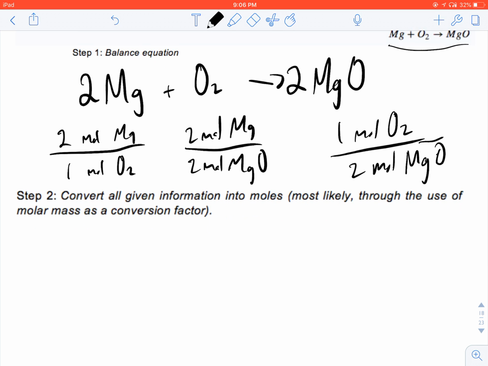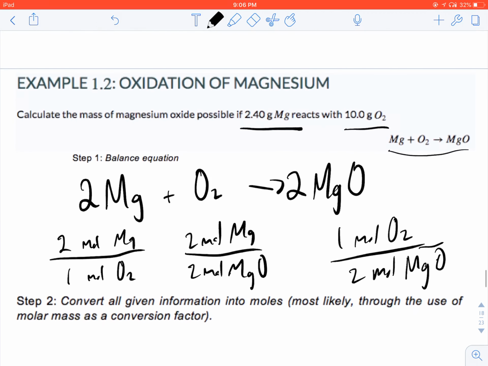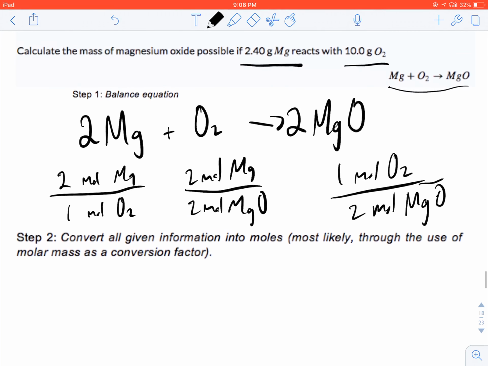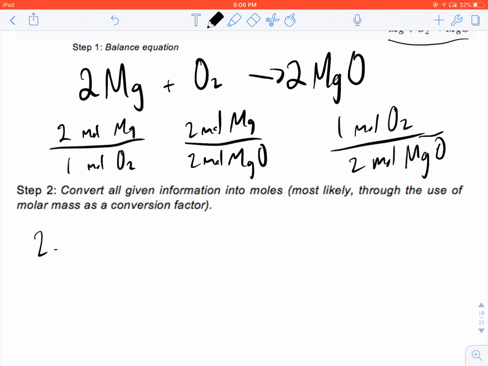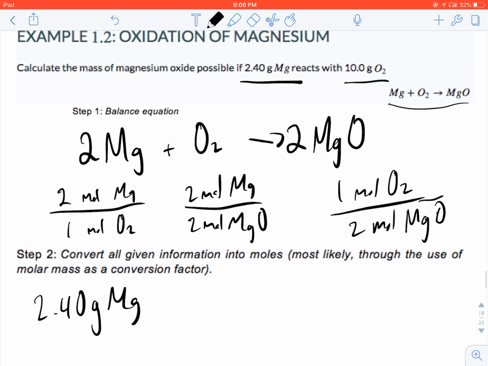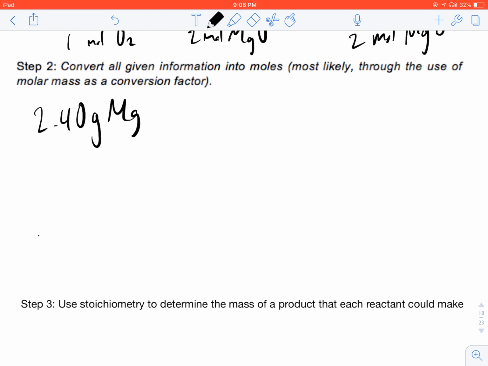So next step. Again, important step. Convert the given information into moles. So we're given 2.40 grams of magnesium and 10.0 grams of O2.